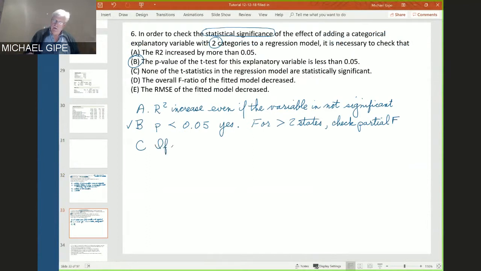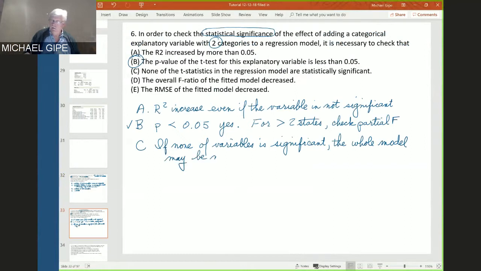If none of the variables is significant, there's a good chance that the whole model is no good, and not just the one. Check the whole F.